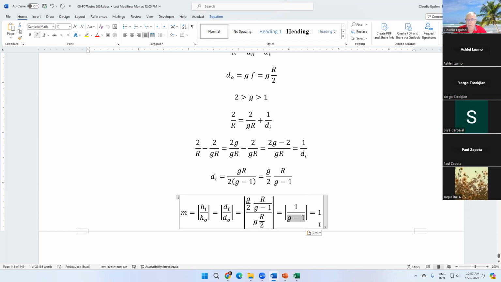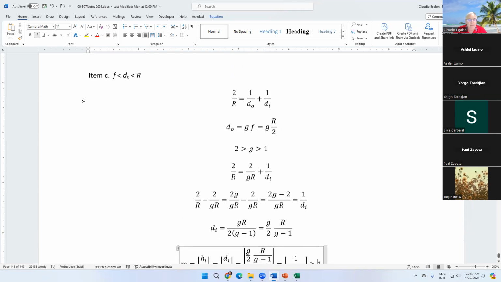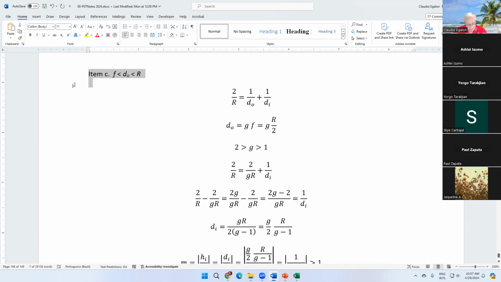That's what you see here, right? If G is equal to 2, this guy ends up being 1. If G is equal to 1, this guy here ends up being equal to 0. 1 divided by 0 is greater, right? So it's going to be anywhere greater than 1, okay? So it matches exactly what we got there before, okay?